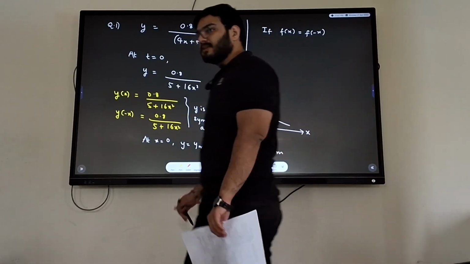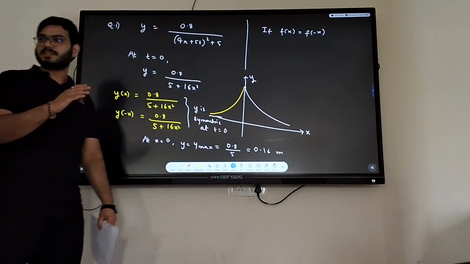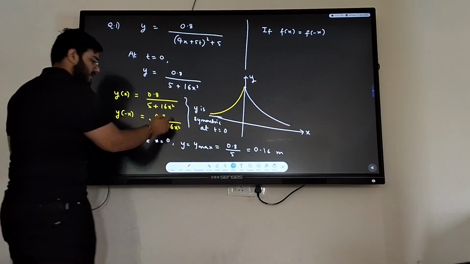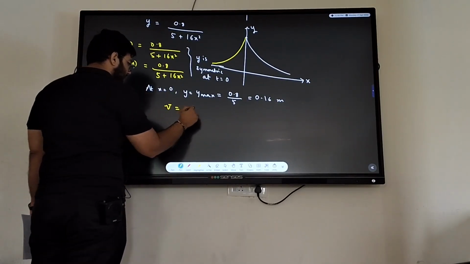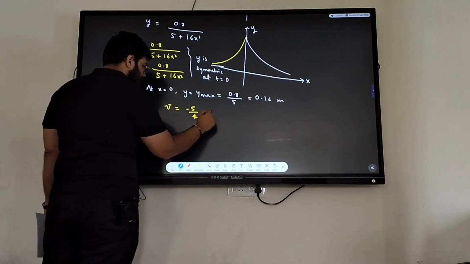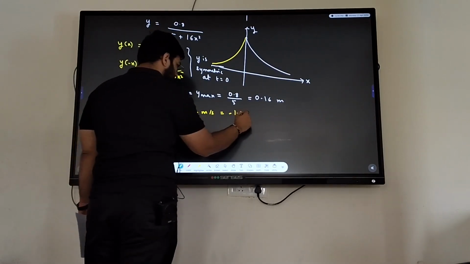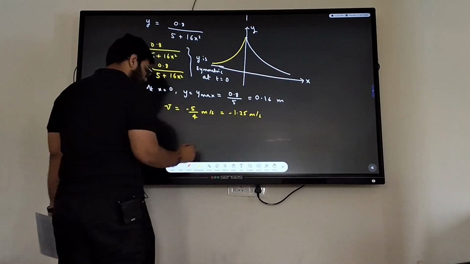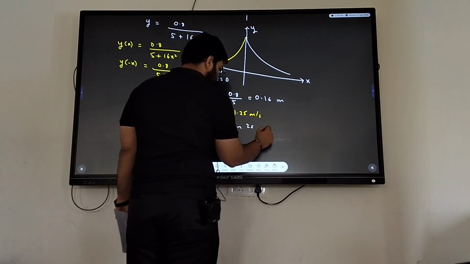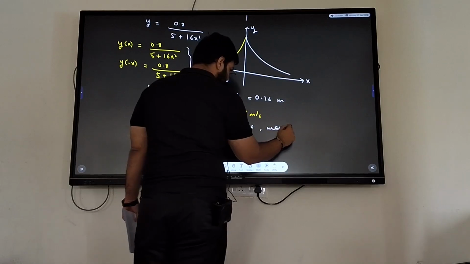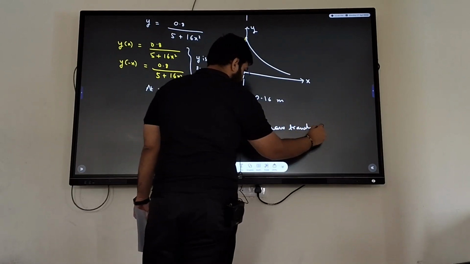Achha, there is another way. So you looked at the coefficient of t and the coefficient of x, and you found the velocity is minus 5 by 4, and this is correct. I'm not saying this is incorrect. And using this you can say in 2 seconds wave travels 2.5 meters.